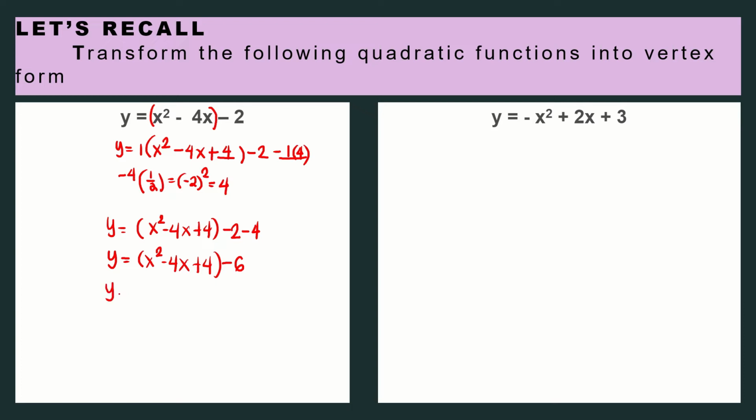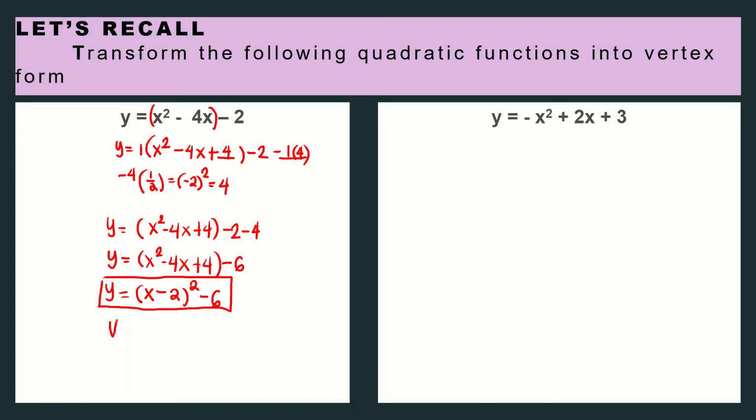That is, y is equal to, get the square root of the first term, square root of x squared is x, then copy the sign of our second term. This is negative, so that's minus. Then square root of our last term, square root of positive 4, that is 2, raised to the second power minus 6. So this is now our answer in standard form or vertex form.